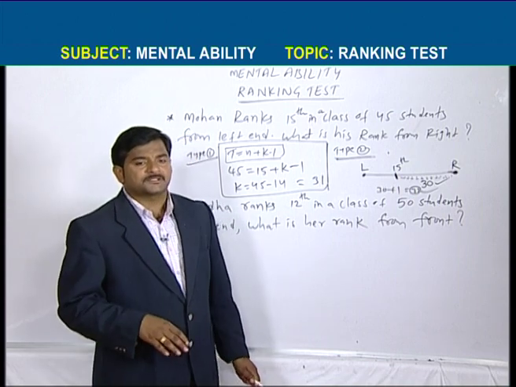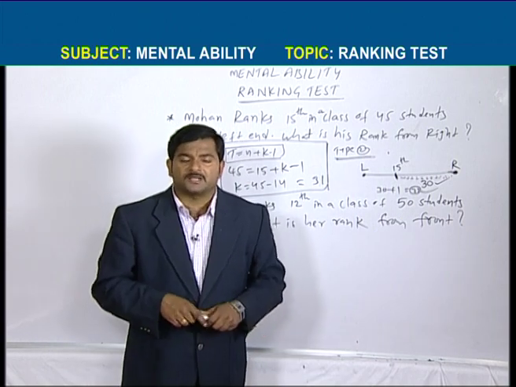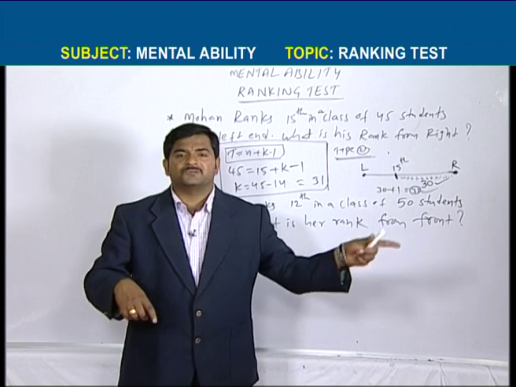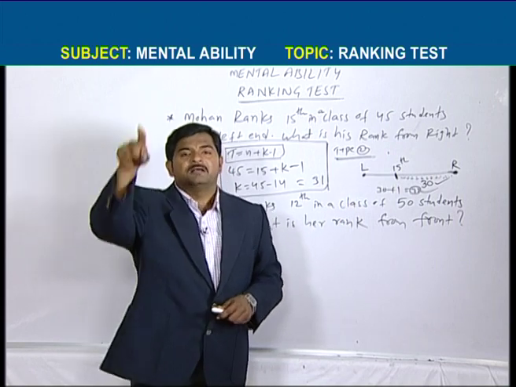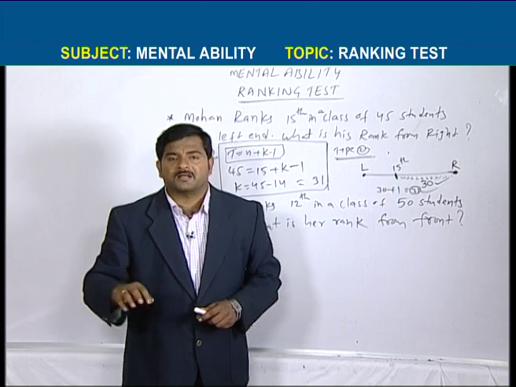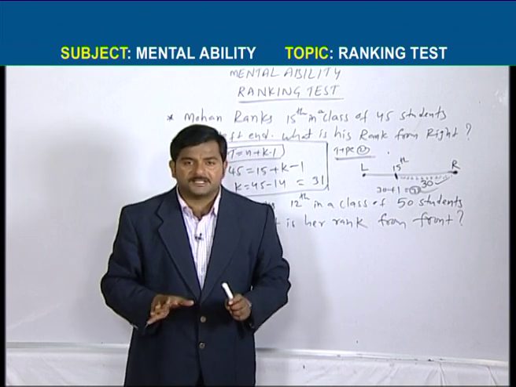There are 3-4 conditions. Left side will be given, he asks to find right side, same formula. Right side given, he asks to find left side, same formula. South side given, he asks to find north side, same formula. East side given, he asks to find west side, same formula.